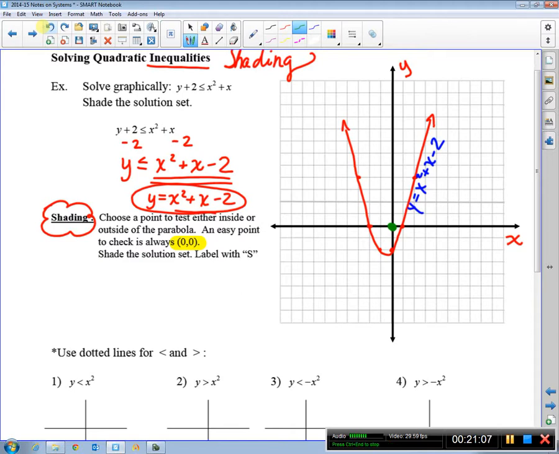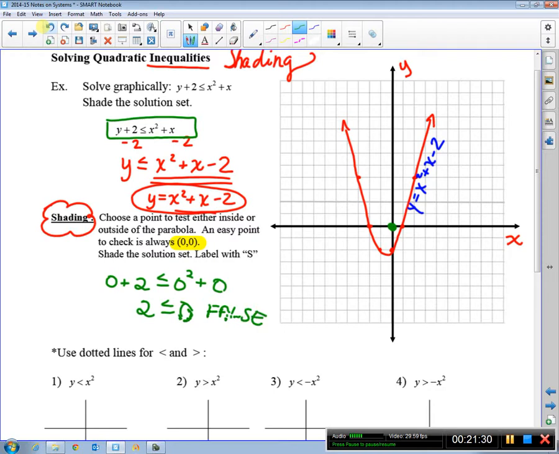So let's throw 0, 0 into, it's always a good idea to use the original. 0 plus 2 is less than or equal to 0 squared plus 0. 0 is real easy to work with, and that's another reason why we suggest 0, 0. So we have 2 is less than or equal to 0. Well, that's a false statement, so we don't shade towards 0, 0.